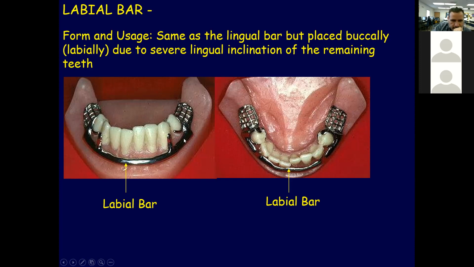So it's not comfortable for the patient and it's visible. When they smile or laugh, some people might see that shiny thing. So this is the least favorable lower partial denture major connector. Okay.